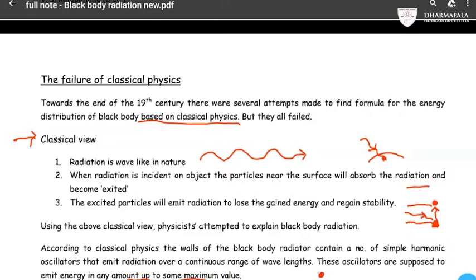They have vibrational kinetic energy. When they absorb energy, their vibrational kinetic energy also increases and they start vibrating with larger amplitudes. To come back to the normal, low energy level, the absorbed energy should be released. Then they can go to the lower energy states. This released energy can have any energy value, according to classical physics.